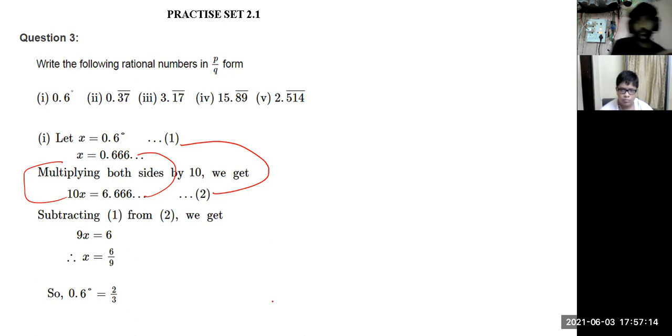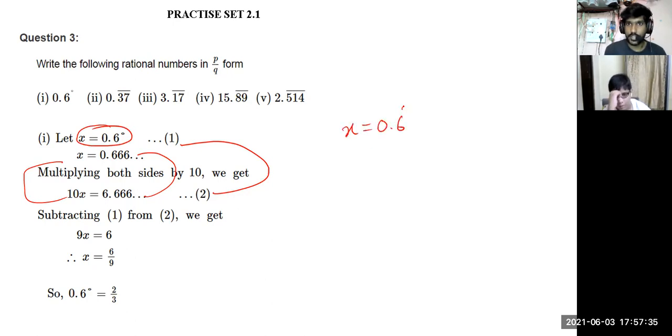So in the last line, why does it mean 0.6 recurring equals 2/3? Okay, look at equation 1. What did we start with? We started with x is equal to 0.6 recurring. And then finally, what did we get as the value of x? x is equal to 6/9.